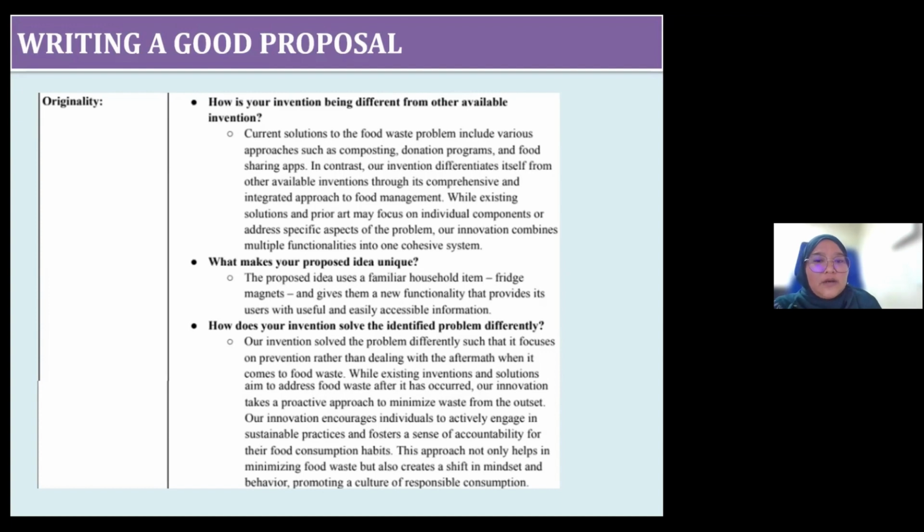Or if not, you want to produce something out of the blue, with a unique idea that no one has produced or come out with, then that is your originality.